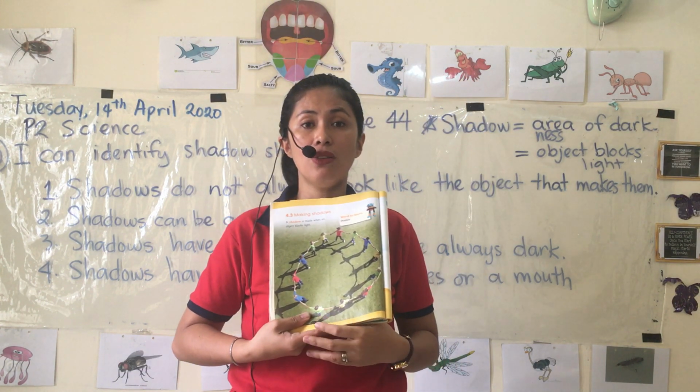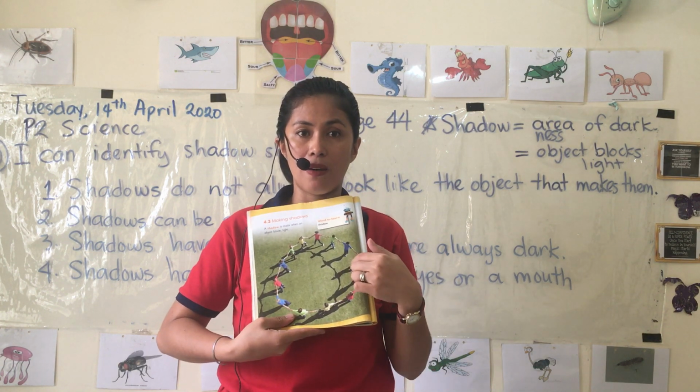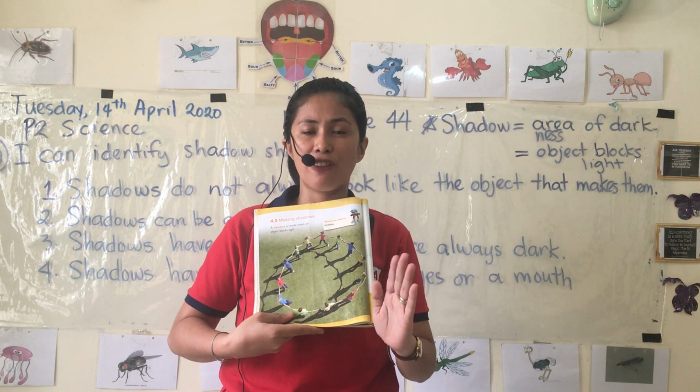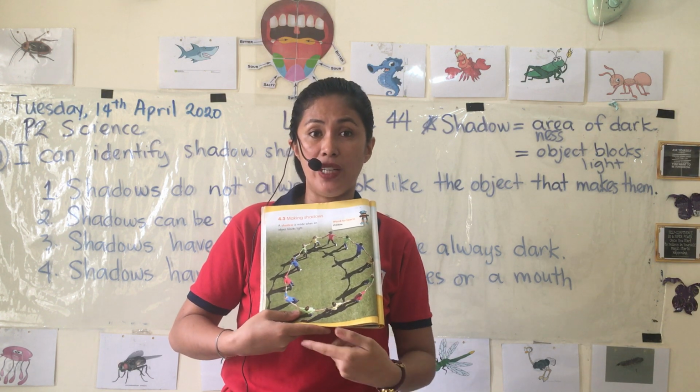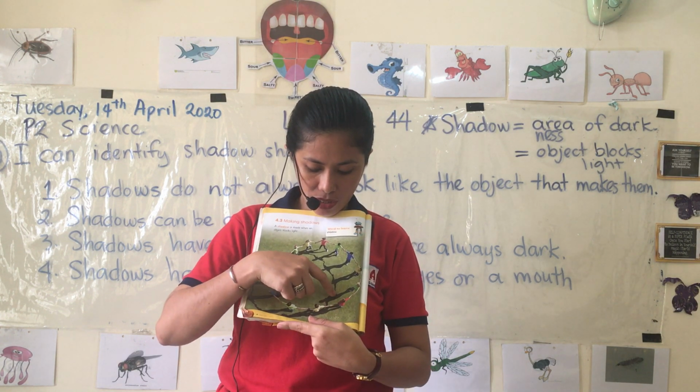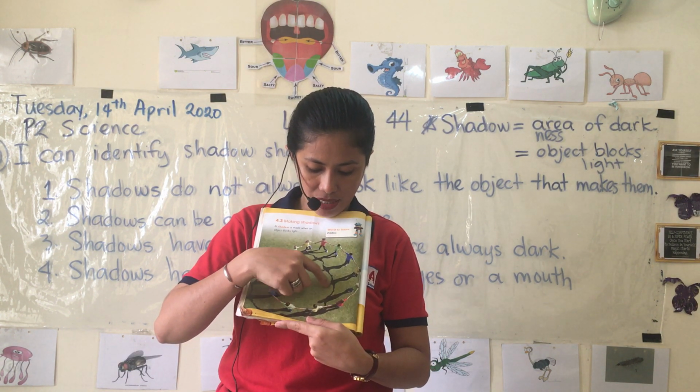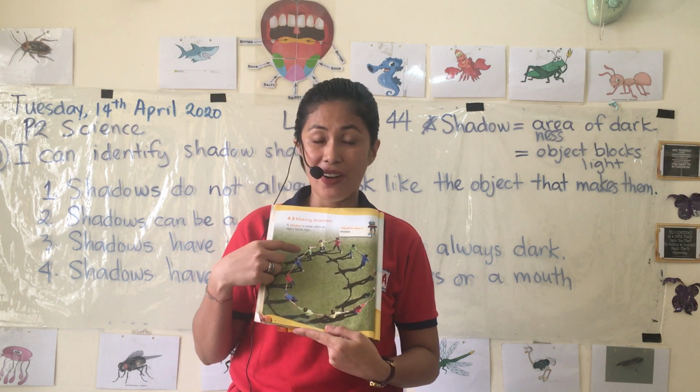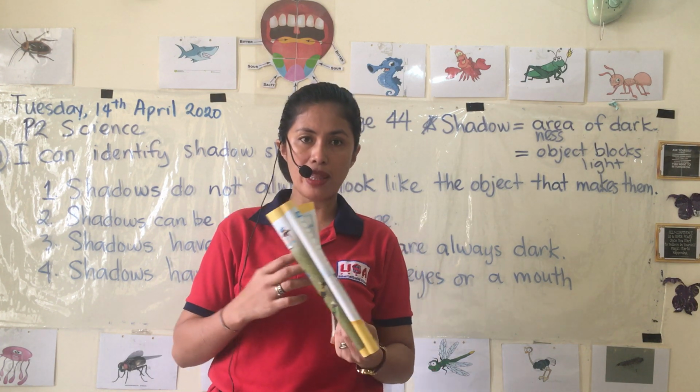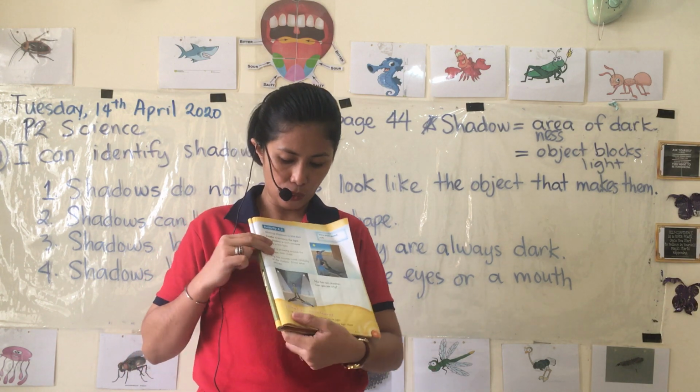So who is the object here that covers the light from the sun? It's the children, right? And the area of darkness here is called shadow. All right, so I know you're so good with that. And now let's take a look at this picture.